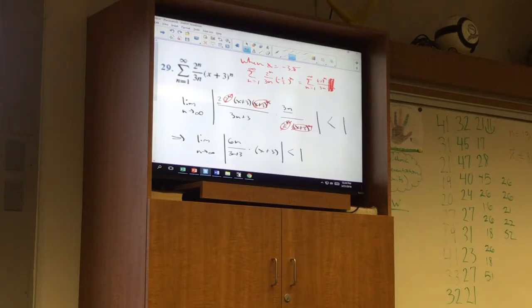So what does this do? Converges by the alternating series test, because it's just the alternating harmonic series. Agreed? Cool. So what does that mean? I should include negative 3.5.